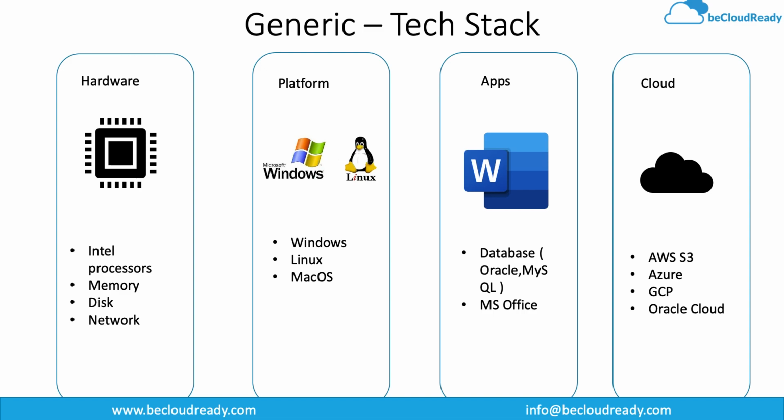Nowadays it is all Wi-Fi routers and Wi-Fi cards. For platform, you predominantly use either Windows, Mac or Linux. These are the predominant platforms across desktop based or server based environments. Application could be your MS Office, the application you are using right now to watch this video, or a database.